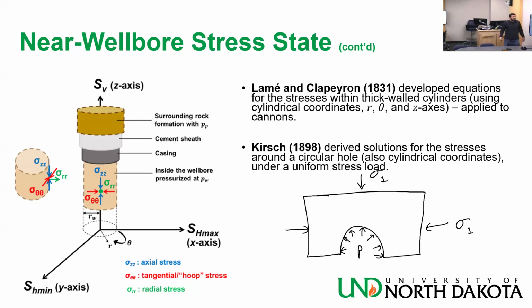Somebody came by, I tried to find out who but I don't know, and took the Kirsch equations and made one of the stresses stronger than the other. So we have a sigma 1, and then you have sigma 2.